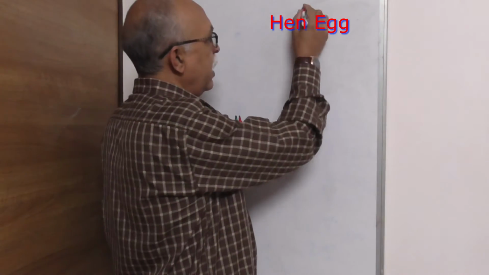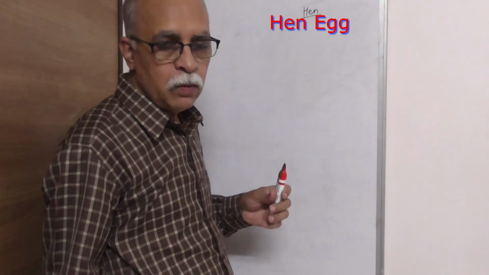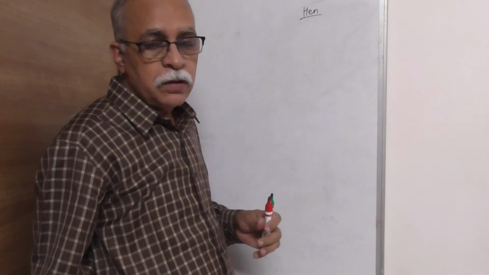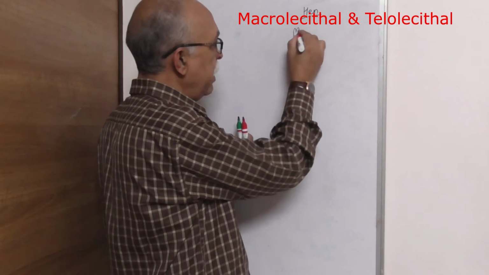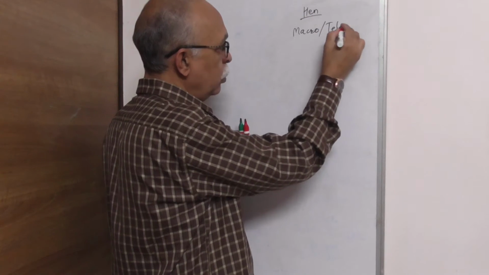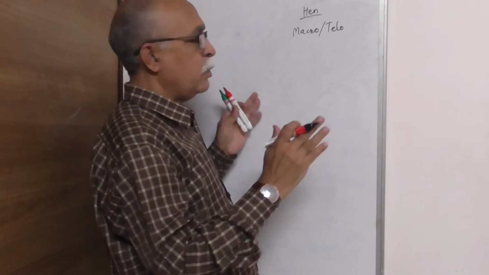Then let's talk about egg of a hen. What does it look like? First of all, here also it's a macrolecithal and telolecithal egg, but it is a largely macrolecithal egg.